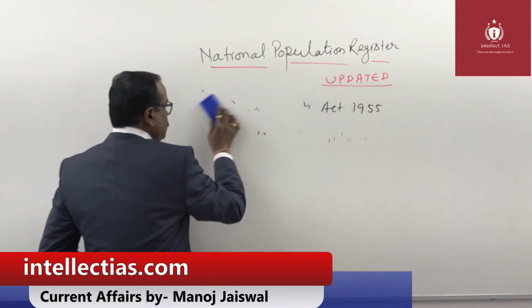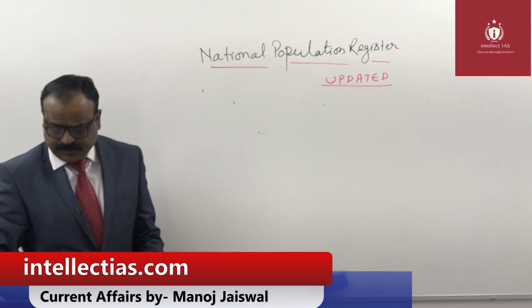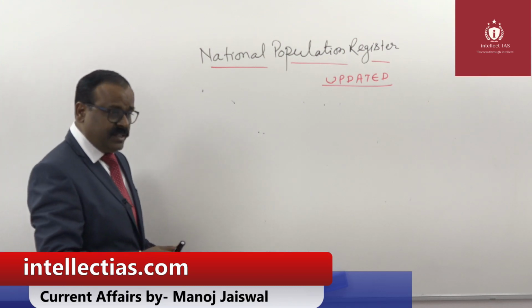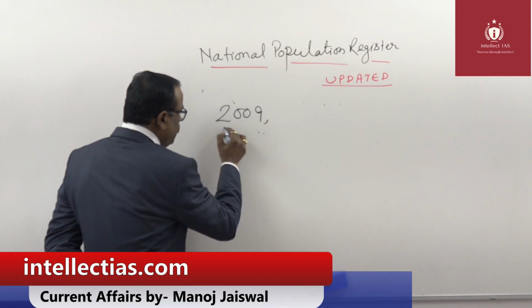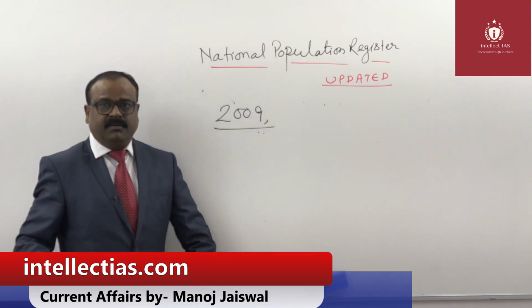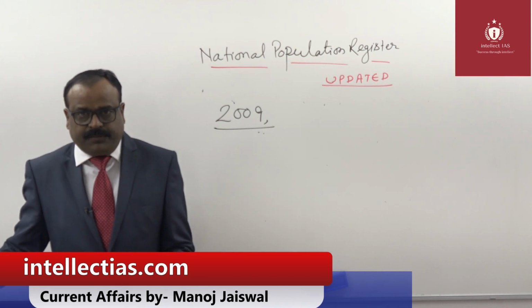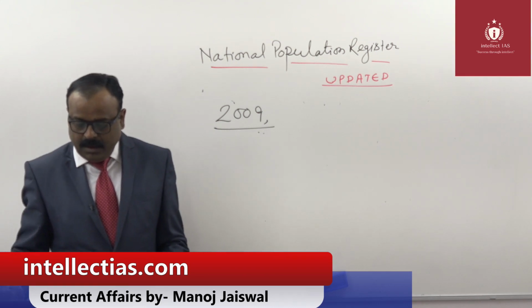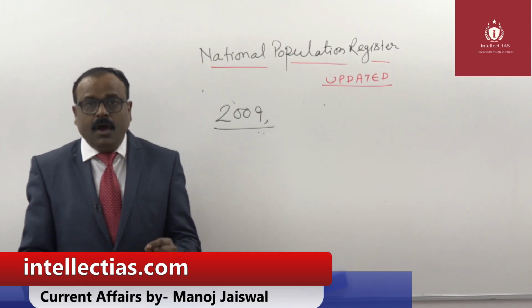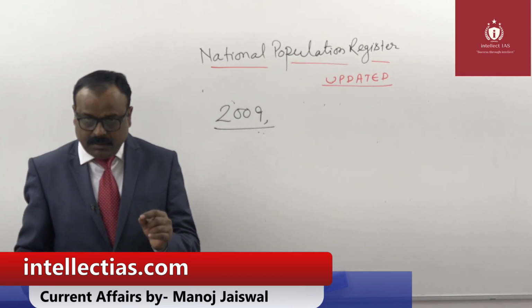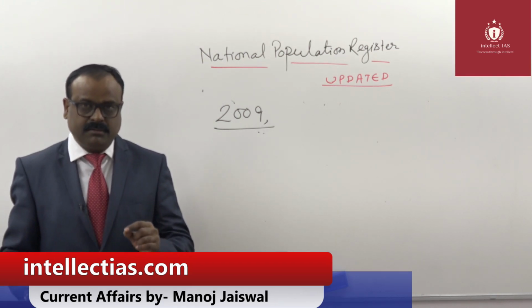The background is that the UPA government in 2009, when Mr. P. Chidambaram was the Home Minister of the country, pushed it ahead of the UIDAI, that is, Aadhaar.